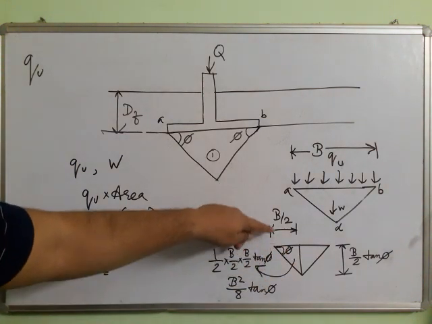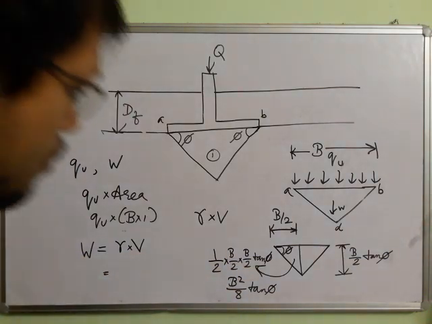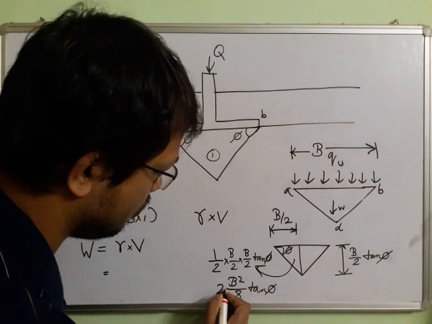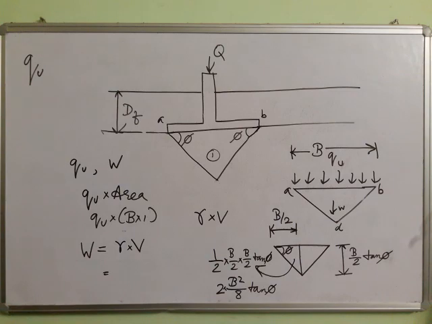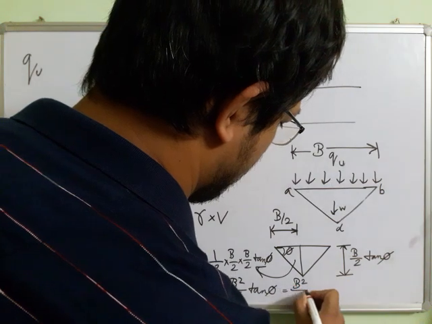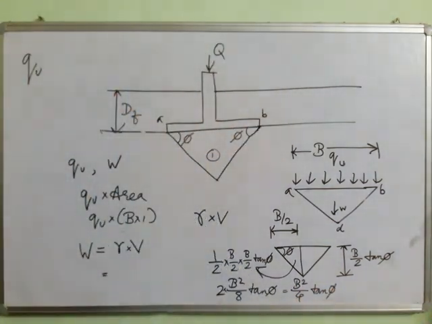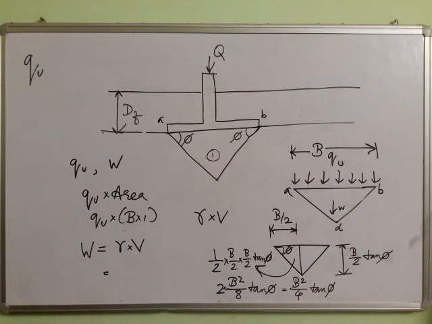So if I want to find out the area of the whole, it will be 2 times that. That means b square by 4 tan phi.